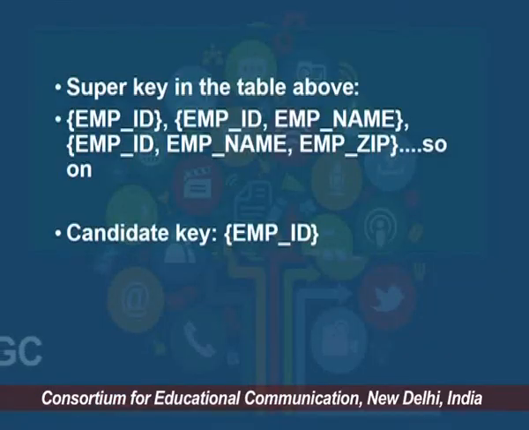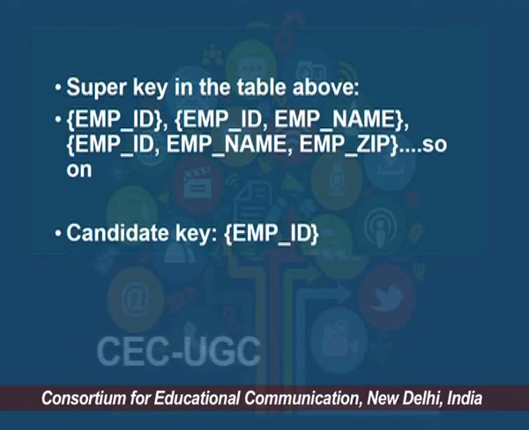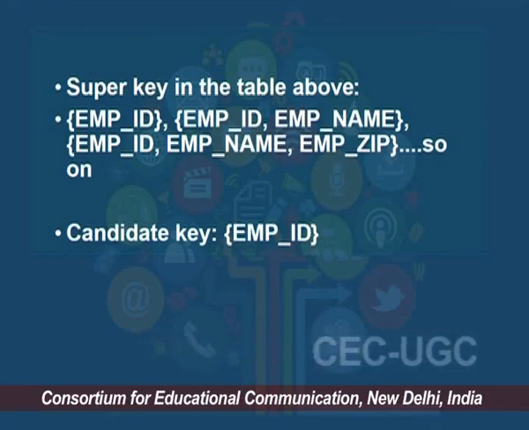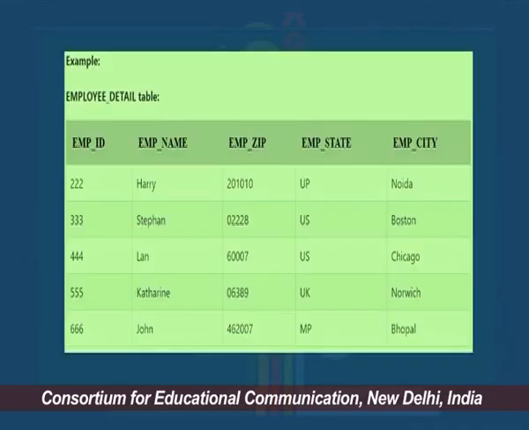So in the above table we have the candidate key as employee ID, and any superset of this employee ID will be a super key. So for example, employee ID along with employee name, employee ID along with employee name and employee zip, then employee ID along with employee name, employee zip and employee state.